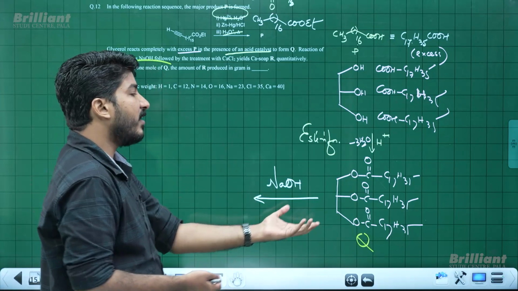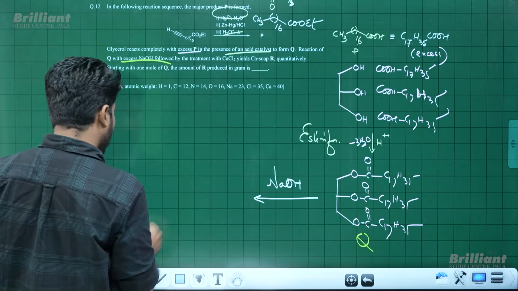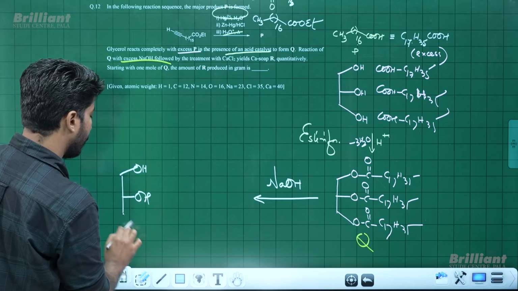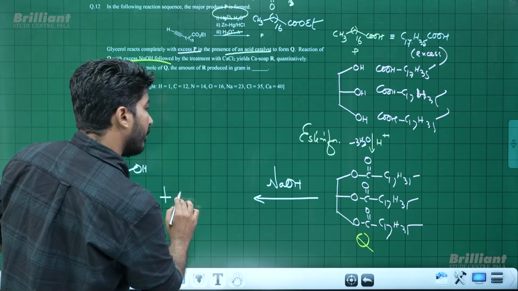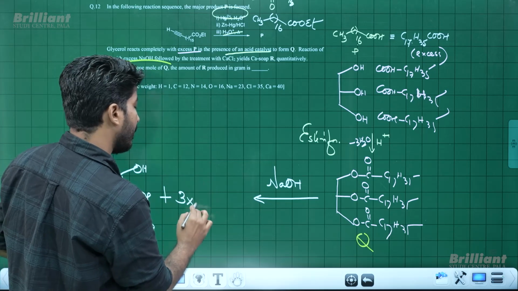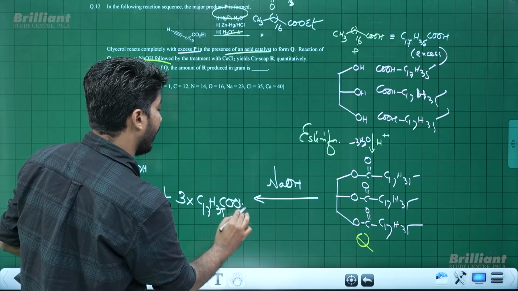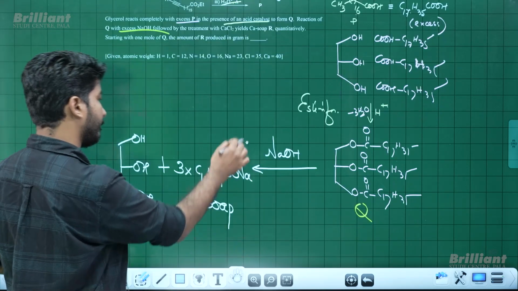So this is a base-catalyzed hydrolysis reaction only. Hydrolysis will give us the alcohol again, glycerol, plus 3 C17H35COONa.